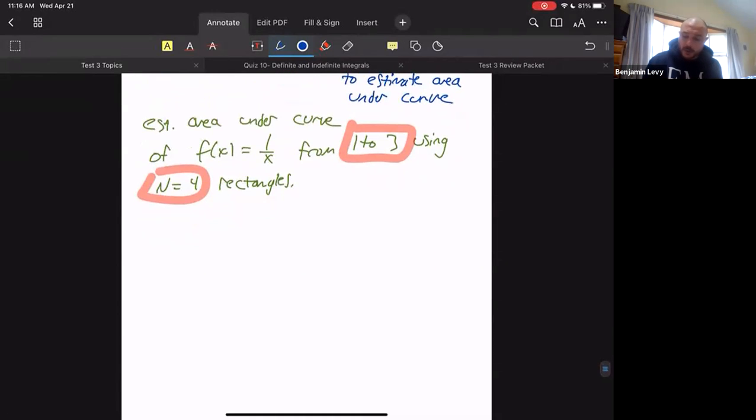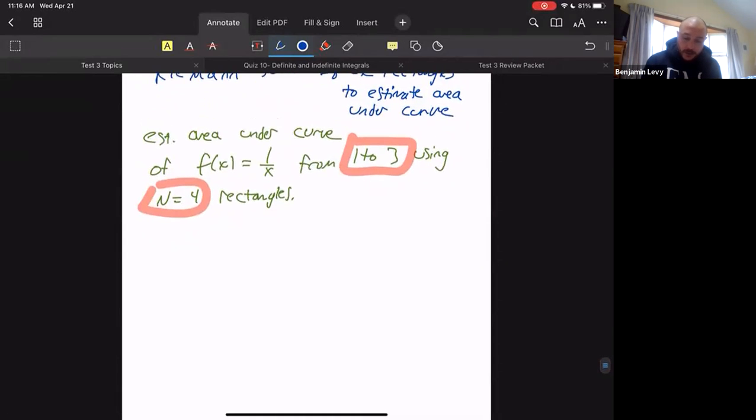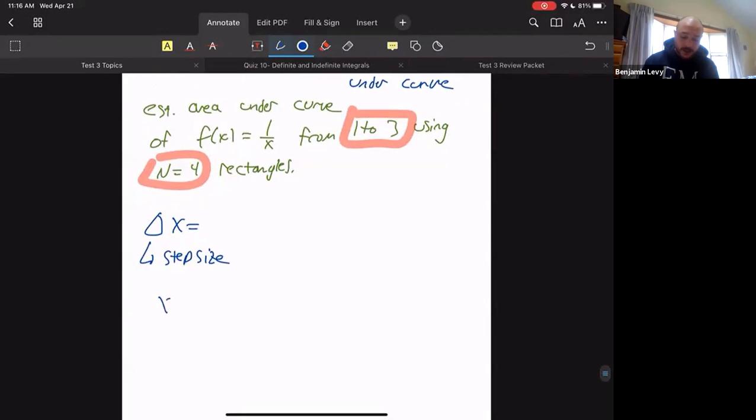So anyway, we'll go from 1 to 3. So we're going to start with 1. Oh, let's figure out delta x. This is like the step size, right? Delta x means the change in the x value. It's how we're stepping along. So we want to start at 1, and we want to go all the way to 3, and we want to take delta x size steps.